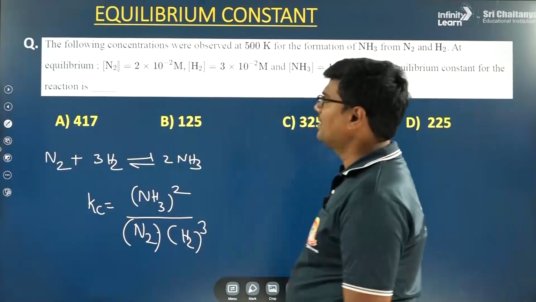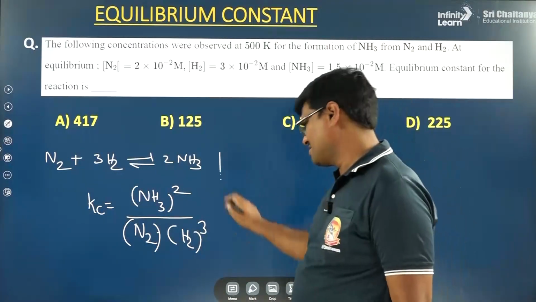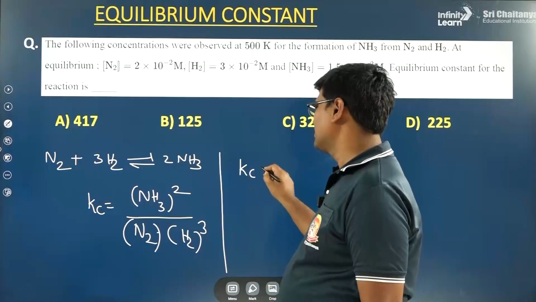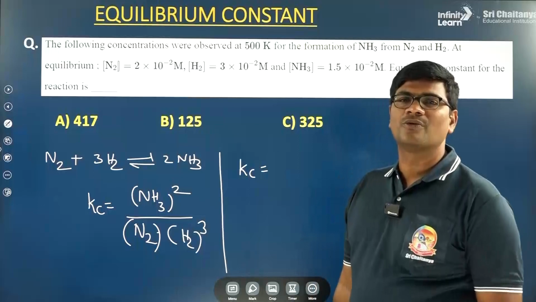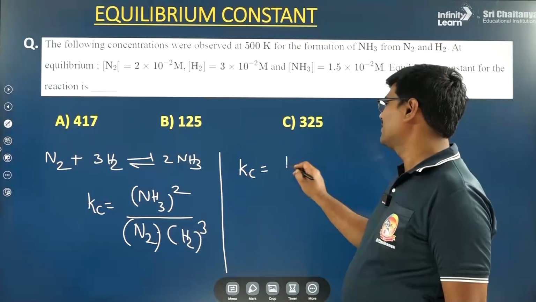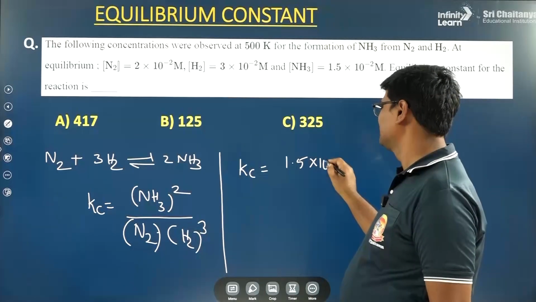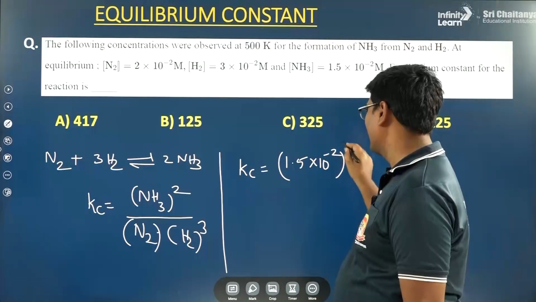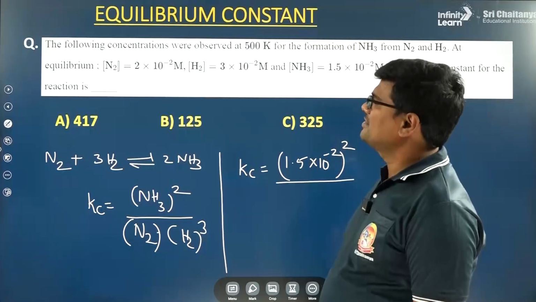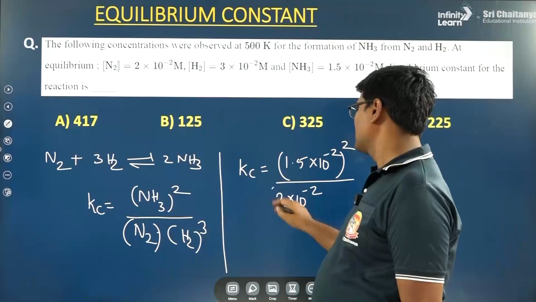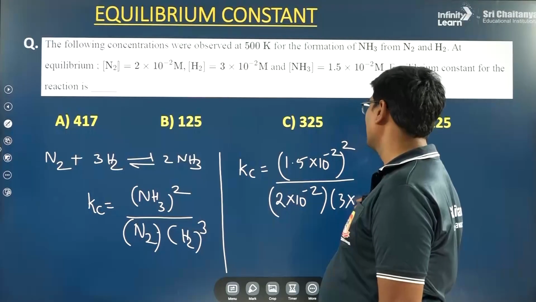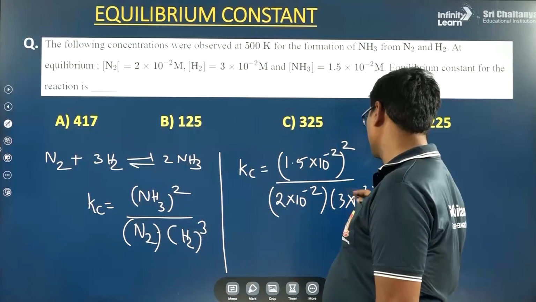Let's substitute the data. Here be cautious when you substitute the data. So Kc is equal to, what is the concentration of ammonia, friends? The concentration of ammonia is 1.5 into 10 power minus 2 molar, whole square, divided by concentration of N2, which is 2 into 10 power minus 2, and concentration of H2, which is 3 into 10 power minus 2, whole cube, we are going to get.